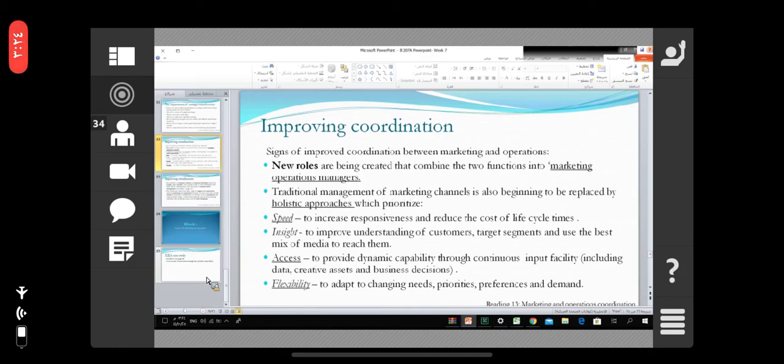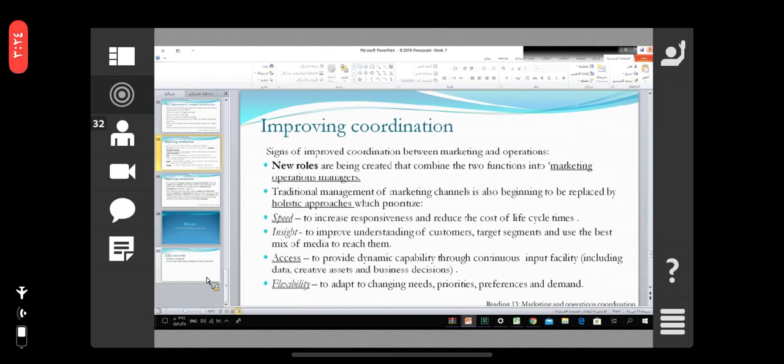You need to change the target segment, the type of customer, maybe you need to change sometimes. You need to change the kind of media, something you never used before to target the customer, or to change the market segment. You need to make it accessible.